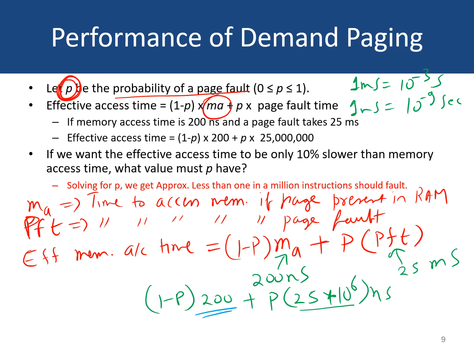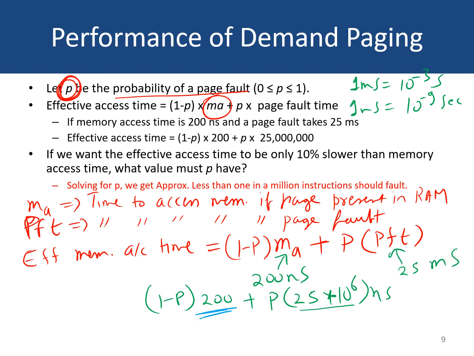With demand paging, because we have locality in our program execution, the vast majority of requests can be satisfied from the main memory, but occasionally there will be page faults and we will have to get the data from the hard disk. Therefore the average memory access time with demand paging would be greater than 200 nanoseconds.